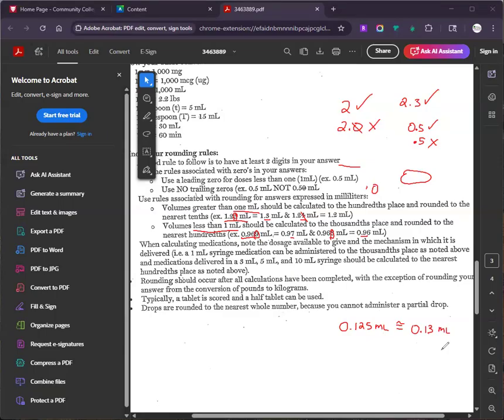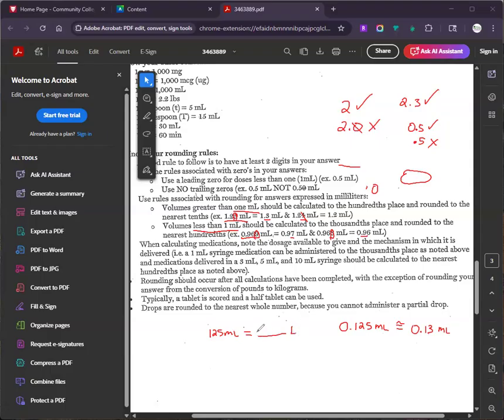Most of the time, your numbers are going to work out where the rounding won't be the tricky part. You might see it a couple times more so in later semesters. It's just something to keep in mind. I will add this now, and you'll hear me say this later on. Let's use this as our example. Let's say I want to convert 125 milliliters to liters.